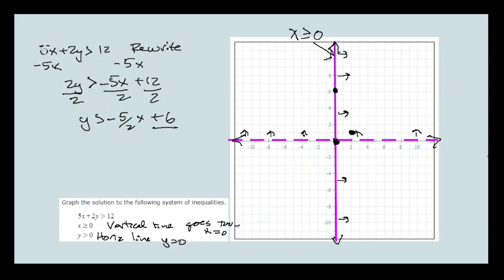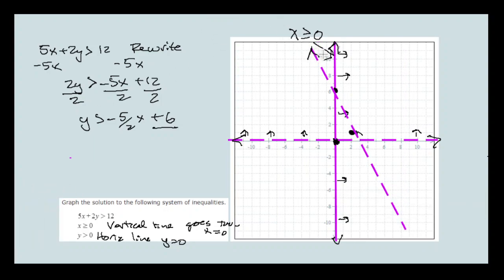So we're going to make sure our dashed is on. Yep, we're going to use our dashed line, and it's going to go through these 2 points right here. So we're going to have something that's going to look sort of like this. It's not the best, but close enough, right?